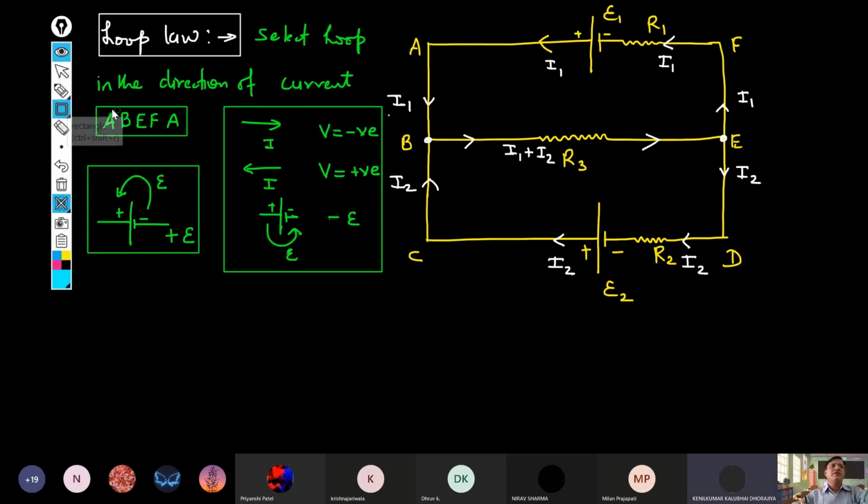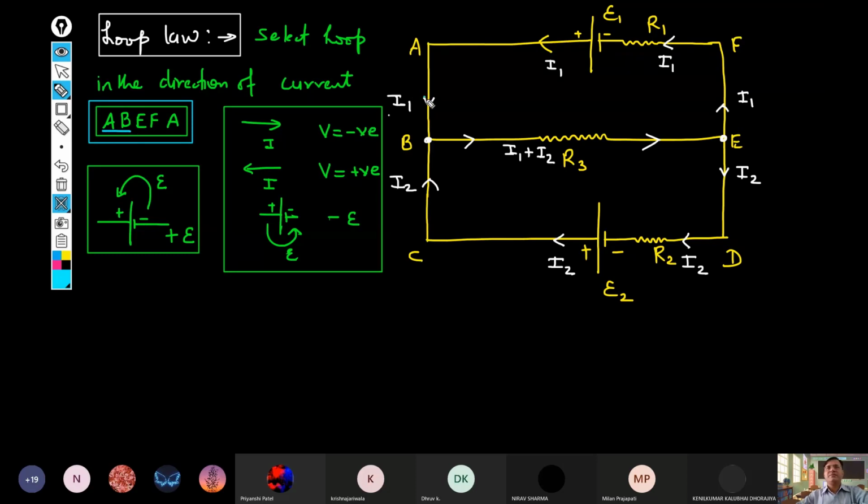Sir, a little. Okay, now I am coming to one example here with the loop. I am writing the equation and you all must focus here. First of all, from A to B, there is no resistance, so we will not write anything.